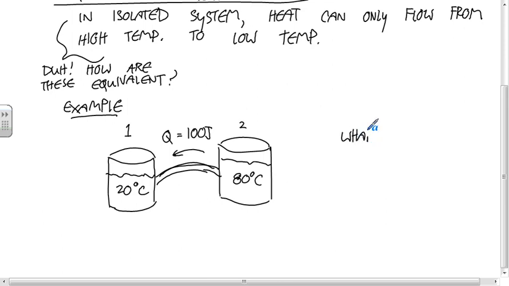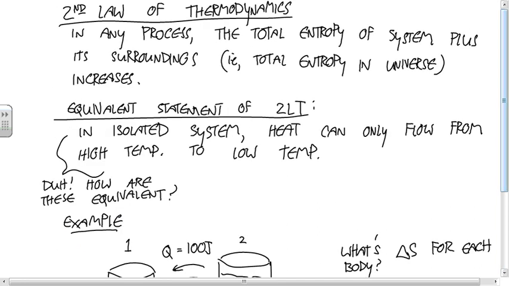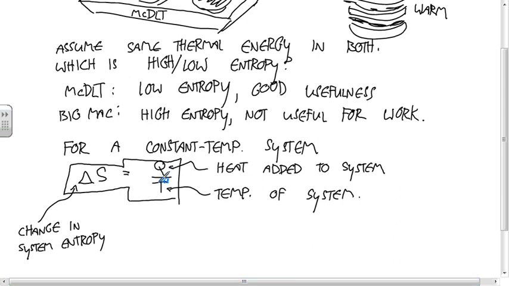So what happens, or what's delta S for each body? For body 1, the temperature in the change in entropy equation, that's not a change in temperature, so that needs to be in Kelvin.